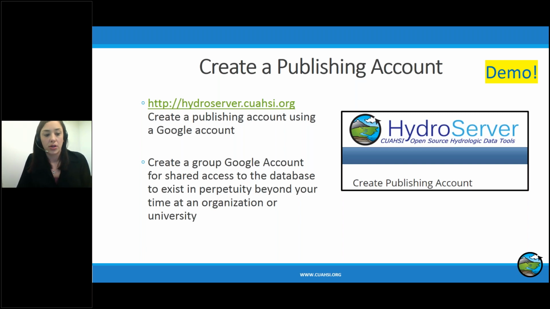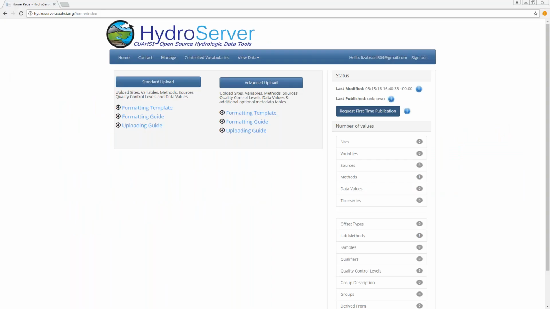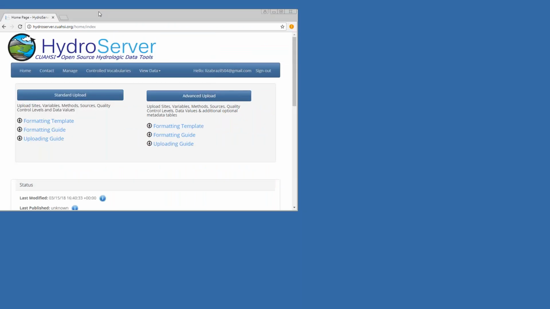All right, let's go to hydraserver.quazi.org. Just give me a second here, I'm going to shift into my browser. All right, you should be able to see a web page here.